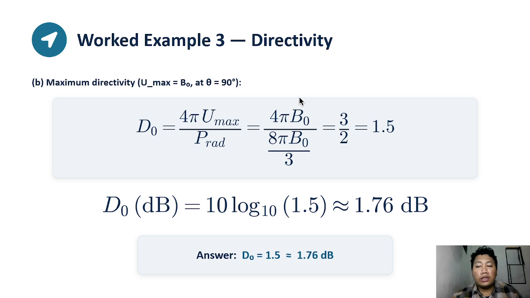The B naught cancels out nicely, and we're left with 4 pi B naught over 8 pi B naught over 3. This is just 3 over 2, so it equals 1.5. And if we convert that to decibels, using 10 log of 1.5, we get about 1.78 dB.